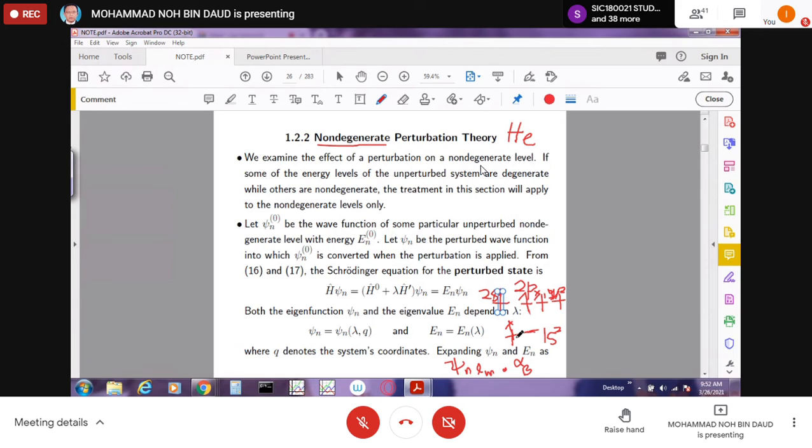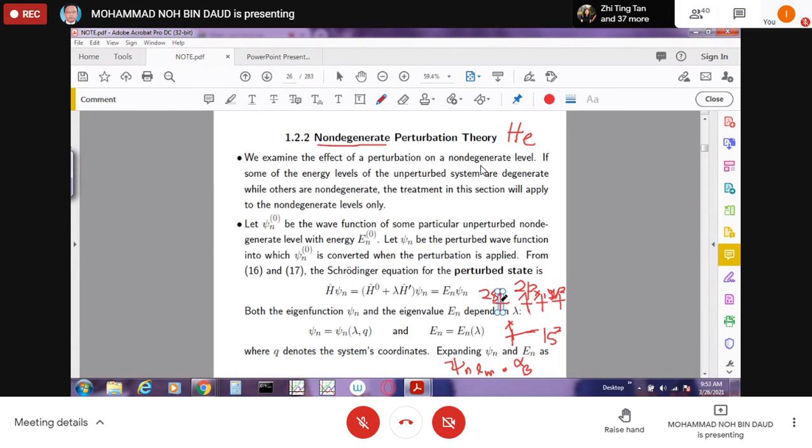Electron 1 could be here with this energy, or electron 2 could have this energy. Because these two electrons are identical particles, we cannot distinguish them. So this promoted electron could be electron 1 or electron 2, because these energies are degenerate.